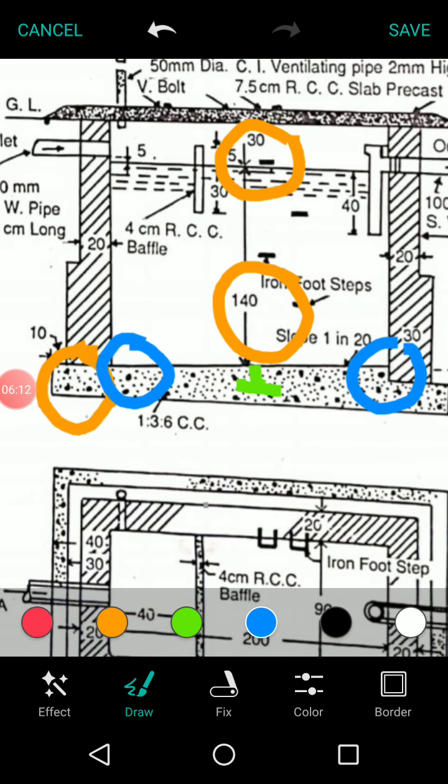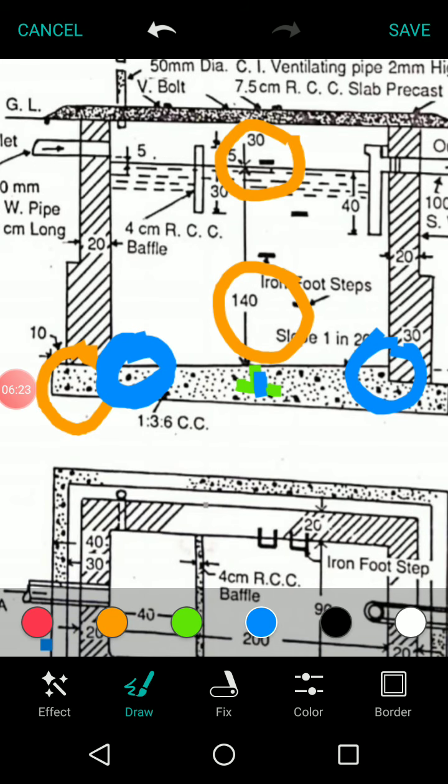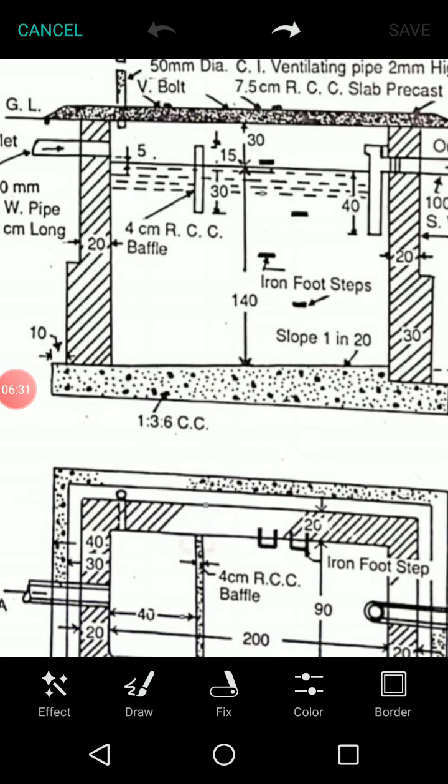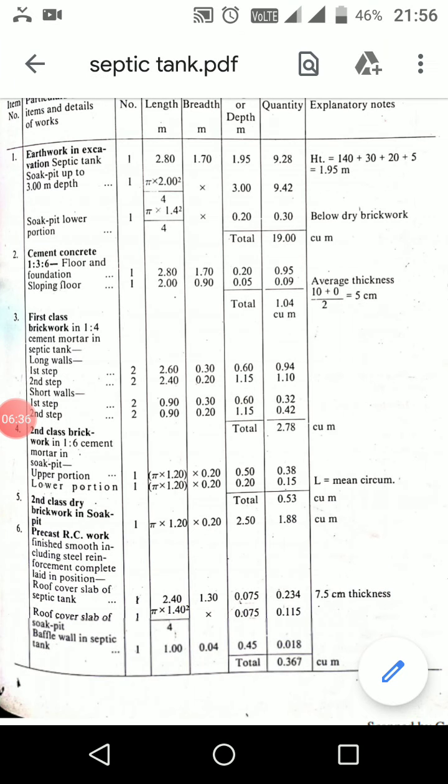So the average height will be 0 plus 10 centimeters divided by 2, which is 5 centimeters. So total it is 1.95. If you multiply the length, breadth and height, you will get the excavation quantity for the septic tank as 9.28 cubic meters. If you want, you can observe this in the explanatory notes.